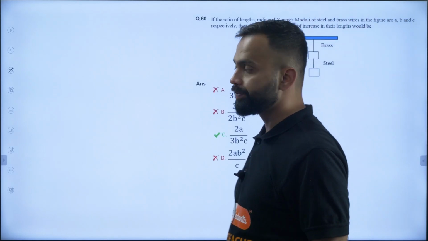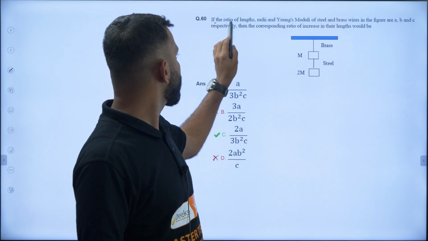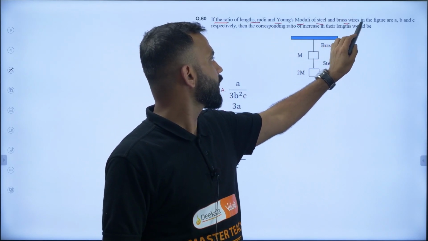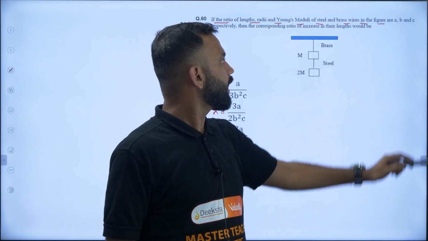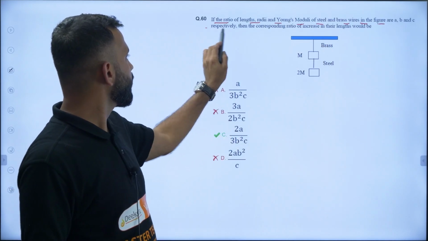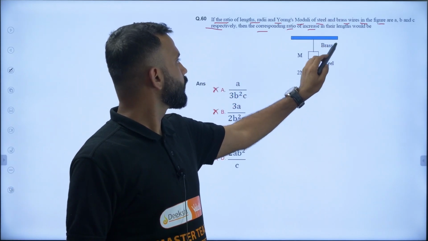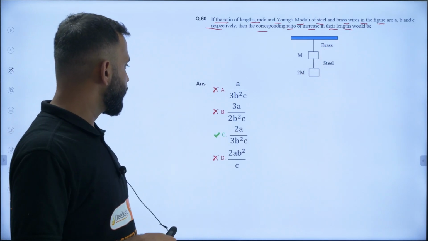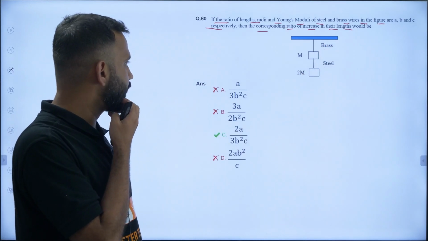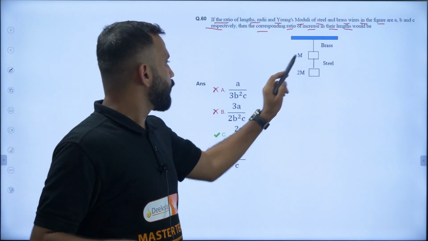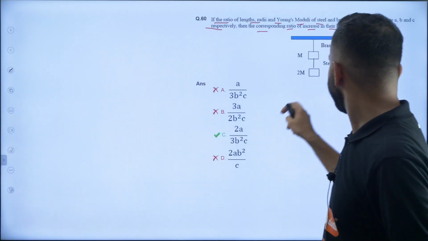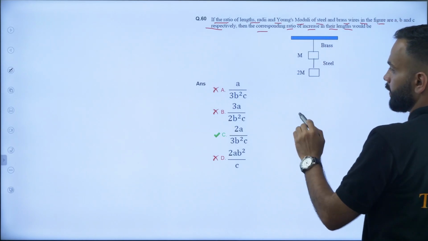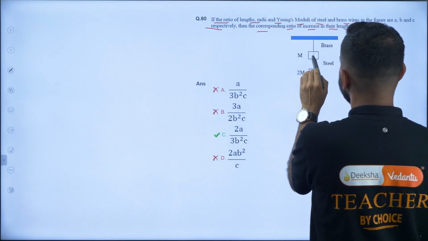Question number 60. If the ratio of the lengths of radii and Young's modulus of the steel and brass wires in the figure are A, B and C respectively, then the corresponding ratio of increase in their length would be? We need to find the ratio of increase in their length. Here this is mass M, the first block, and this is the second block.